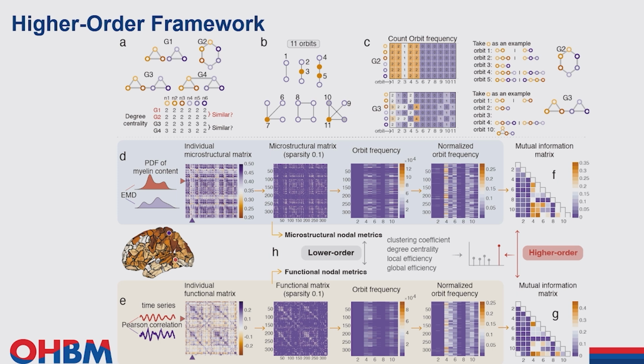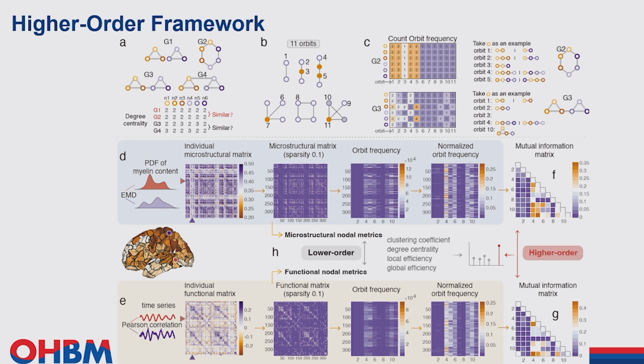So, we provide a very simple high-order framework. As panel B shows, there are 11 orbits. We treat them as high-order features. For each individual microstructure matrix and individual functional matrix, we count the orbit frequency for each node. The matrix rows indicate the nodes, and the columns indicate the 11 orbits.